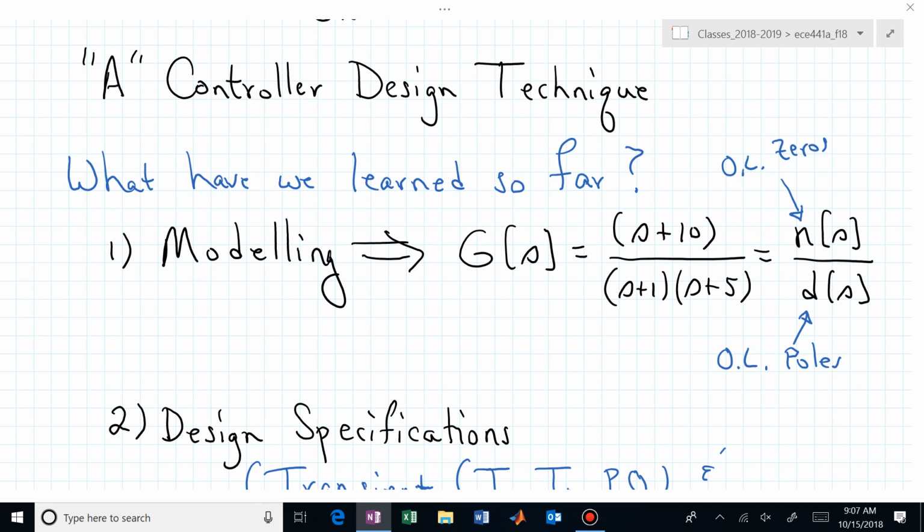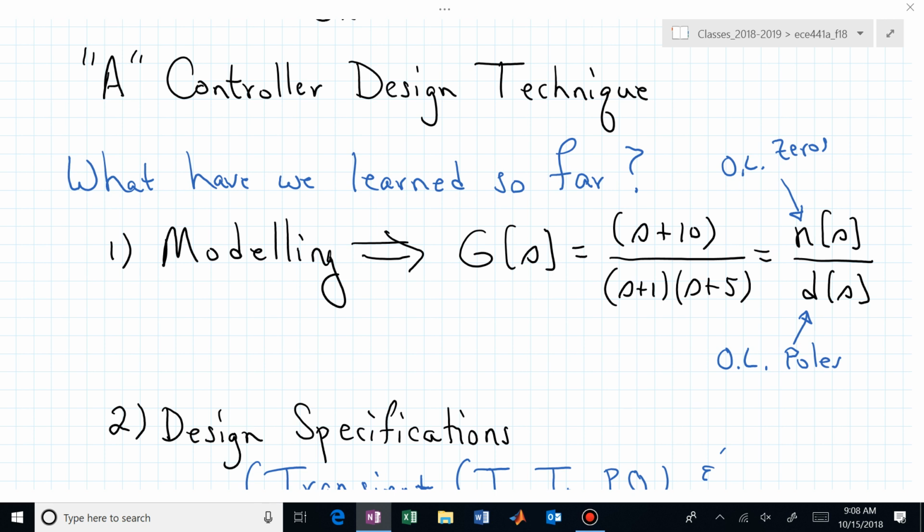And if you multiplied that out, you would have a quadratic: s squared plus 6s plus 5. So that might be staring you in the face, and it might not be in factored form. But you want to start getting comfortable with thinking about numerator and denominator factors, and how they play into this idea of roots moving around in the complex S-plane.